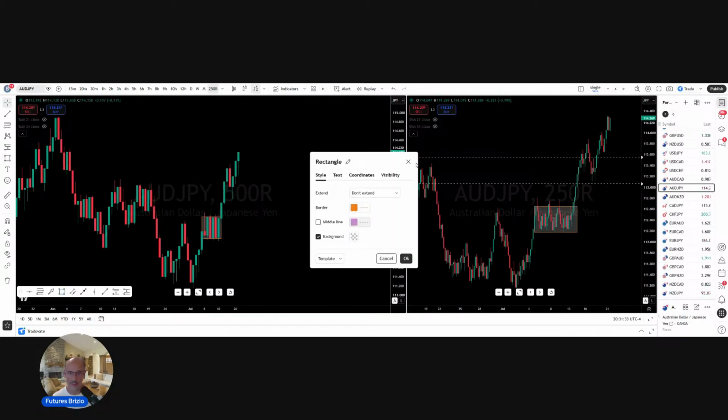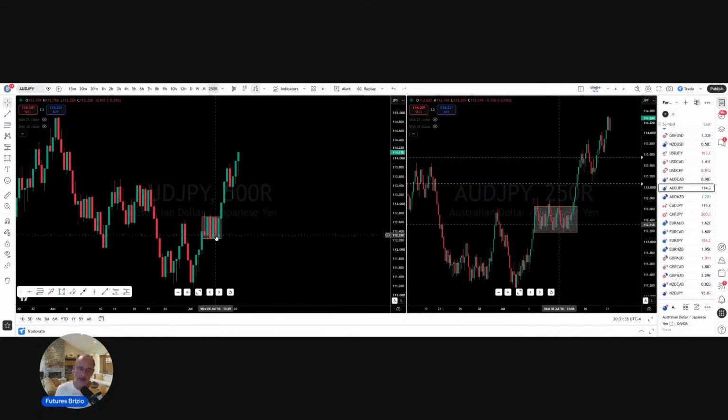What I like to do is identify it on the higher chart first because it's a little more obvious to me. These are all equally sized, very obvious, as opposed to this, which is a little bit more sloppy. But the point is, in order to get maybe a little bit more of a sniper entry, you could have gone long on this candle right here or on this one right here.